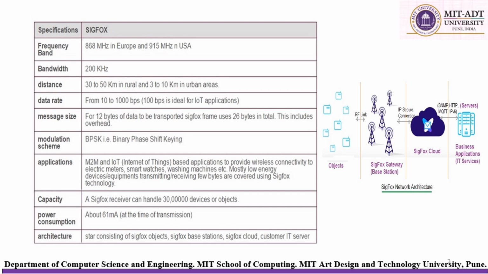For smaller amounts of data, it gives a good solution and is a competitor to ZigBee or other protocols. As per the requirement of the system, like small devices that have a small amount of data to transmit, like electric meters or smartwatches, in that situation only we can use SigFox networks.